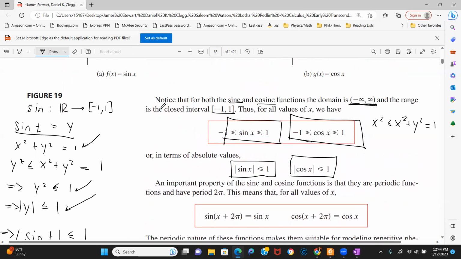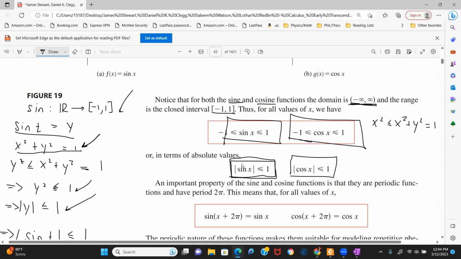The claim is this right here: the absolute value of sine x is less than or equal to 1. And the proof is as follows. You take a t value, and it's going to determine a point x comma y on the unit circle. So x comma y has to satisfy this equation. And then you just go through these steps that we did here.